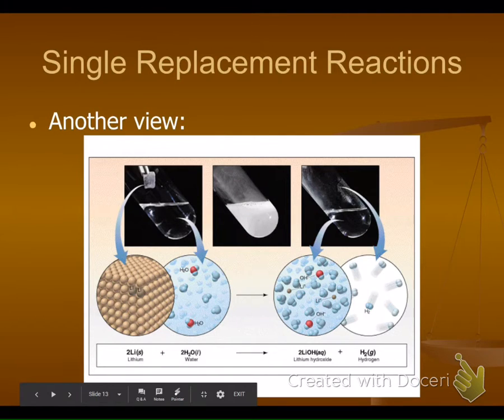Here's a chemistry example of single replacement. We have lithium plus water. So you can see here a piece of lithium, kind of a dull gray, and then into some water. We can see our clues of a chemical reaction: some steam, so gas, some bubbles, color change, and at the end we go back to having a clear solution. We've made lithium hydroxide and hydrogen gas.